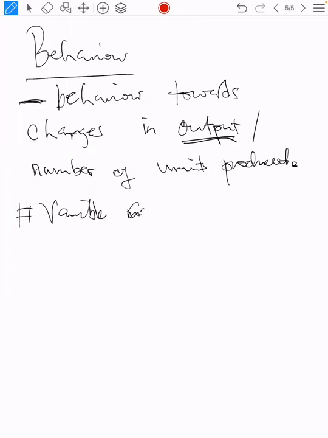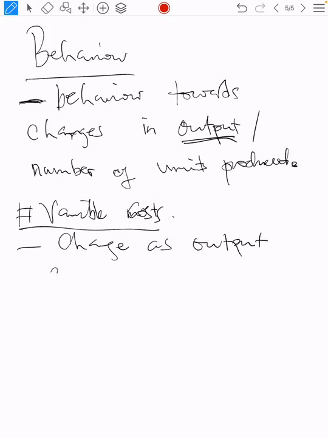Variable costs. Now these ones are going to increase, or rather change, as output changes. You vary your output, you change your output, these costs are going to respond accordingly.